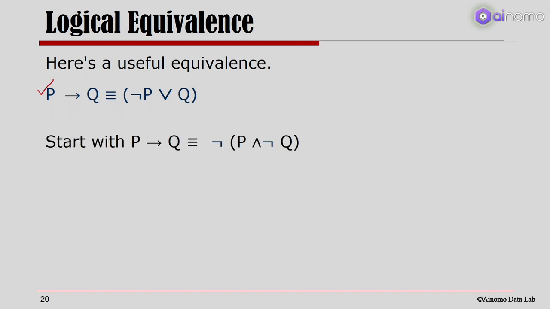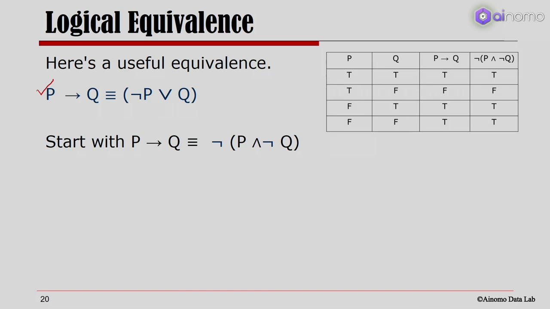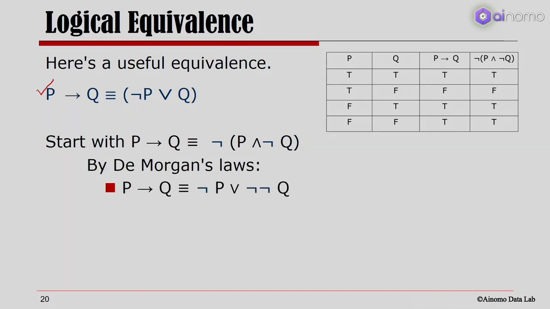So, we start with the implication, and by definition, if we look at the truth table of implication, we see that implication is equivalent to not of P and not Q.